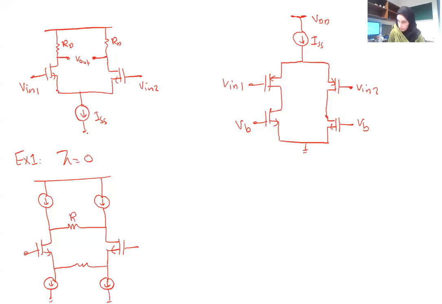This is called RD. This is called RSS. And we're taking V out from here. It's VN1 and this is VN2.